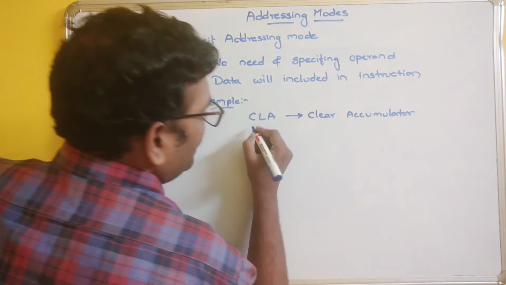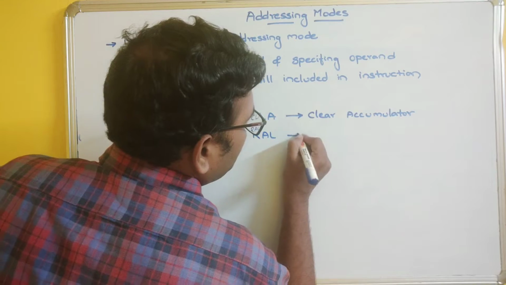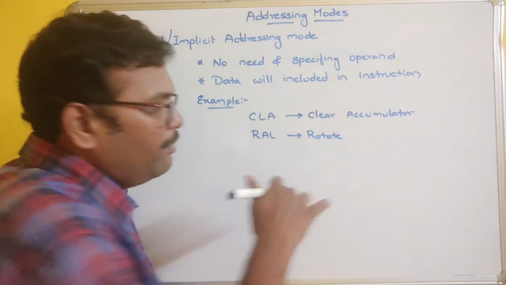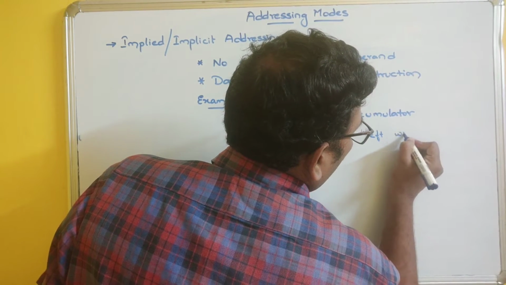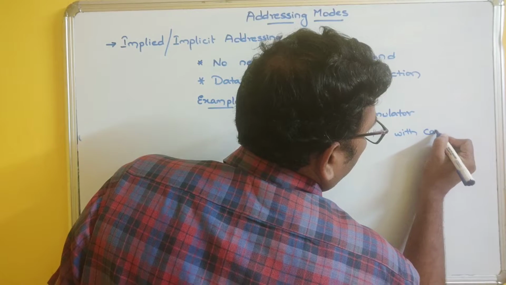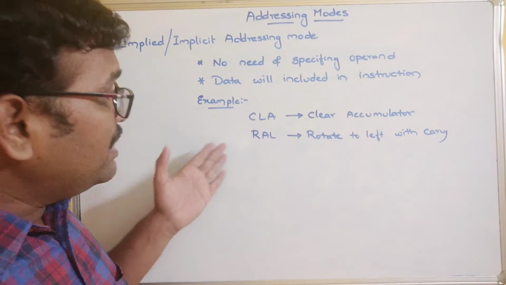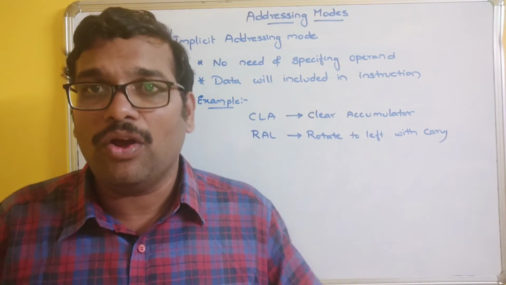So CLA or RAL, which means rotate. The content of the accumulator will be rotated to the left with carry, right? These kinds of instructions don't require any address or any operand.